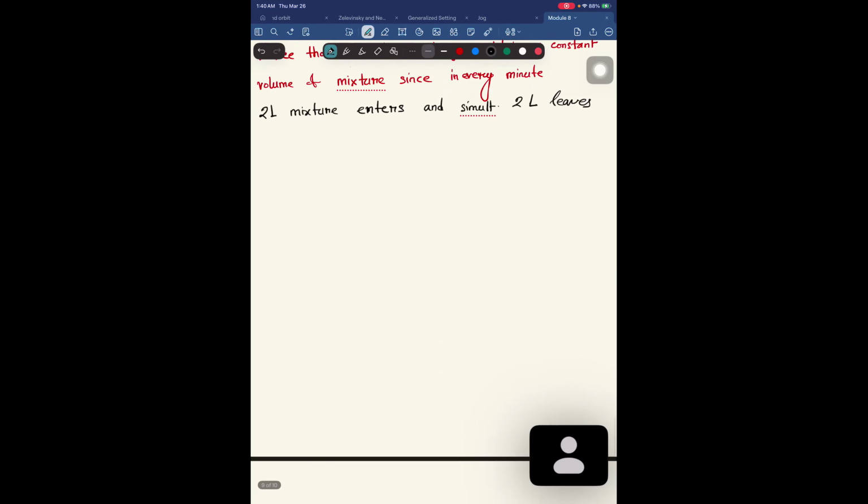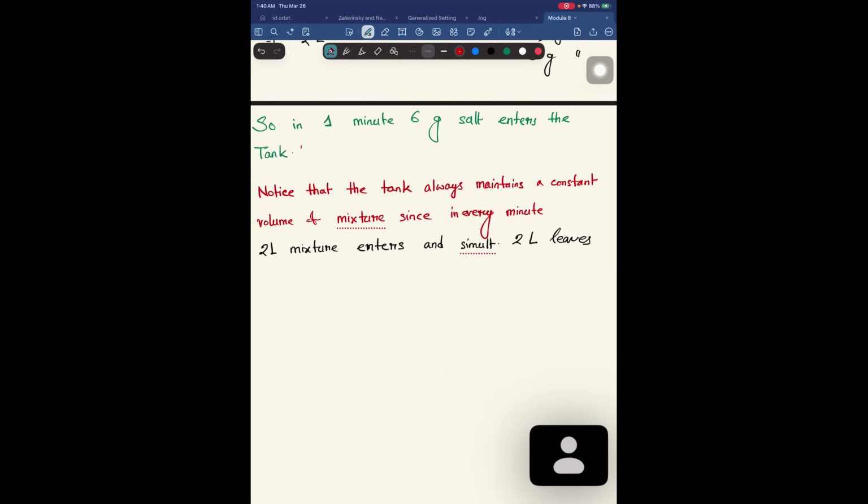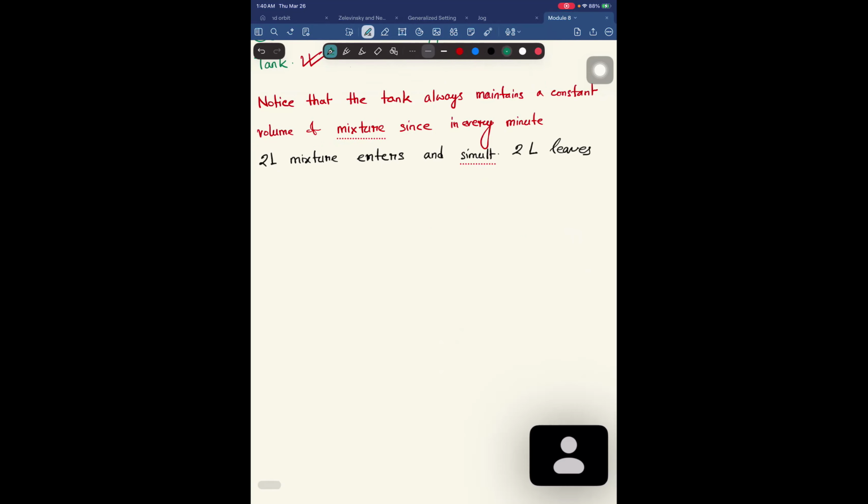Anyway, now we found out that in every minute, even after t minutes have passed, 6 gram of salt is entering. How much salt is leaving? So now t minutes have passed. 2 liter mixture leaves the tank.